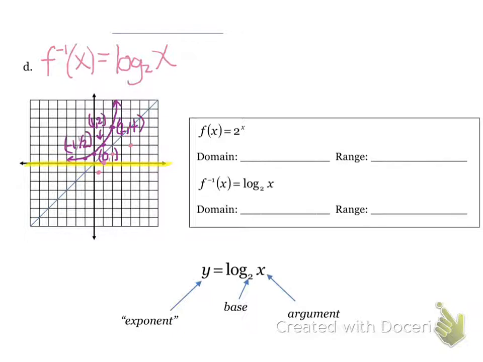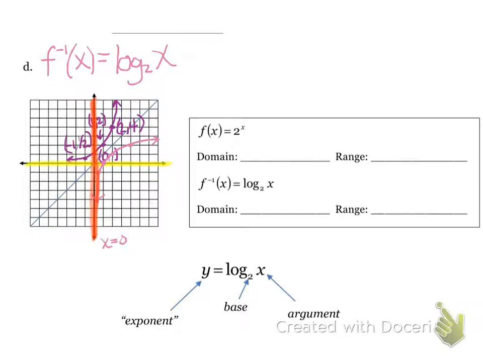Also note that my asymptote for my exponential is horizontal, and now when we reflect it into a log over the y equals x axis, we have a log function that has an asymptote of x equals 0 now.